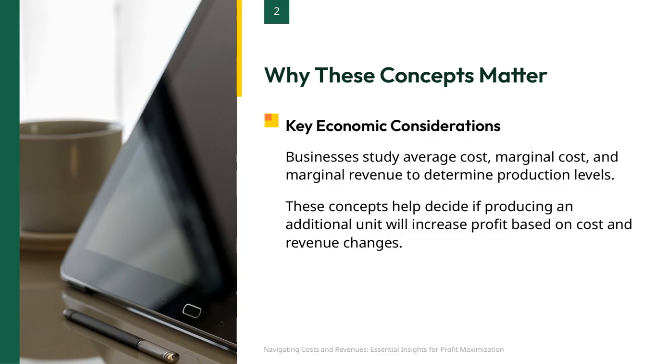Marginal revenue reveals how much additional income that extra unit brings in. By comparing these factors, businesses can decide if producing one more item will actually boost their profit. This careful analysis ensures resources are used efficiently and helps avoid unnecessary losses. Understanding these ideas is fundamental to making smart production decisions.